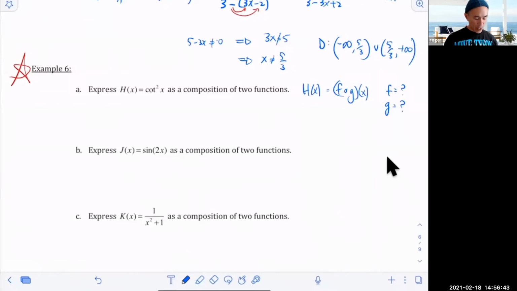So the first thing I want to point out to you is that when we write this notation, it really means cotangent of x quantity squared. So trig has this weird notation that they use sometimes where they put the square next to the trig name instead of around the whole thing.